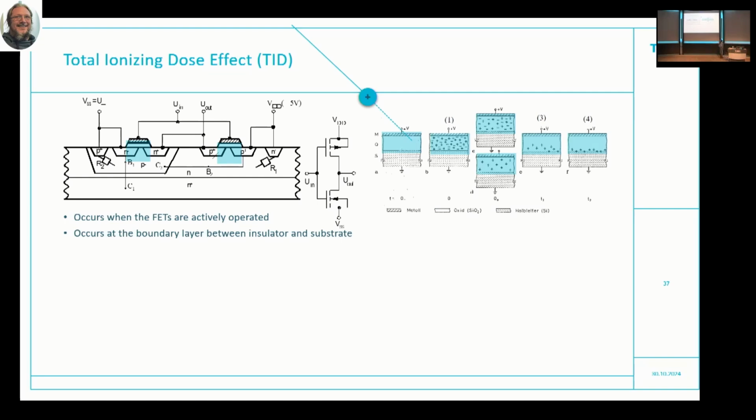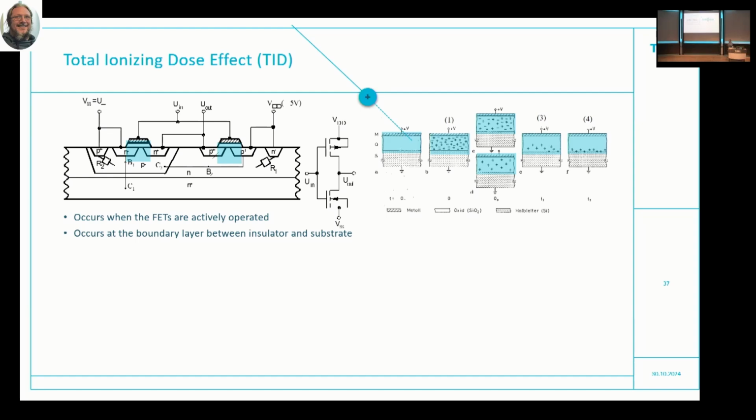One effect is the total ionizing dose. This appears when our particle strikes our isolation layer between our field effect transistors. What happens is, if the energy of this particle is high enough, above the Fermi energy of the silicon dioxide, we form electron and hole pairs in our silicon dioxide.